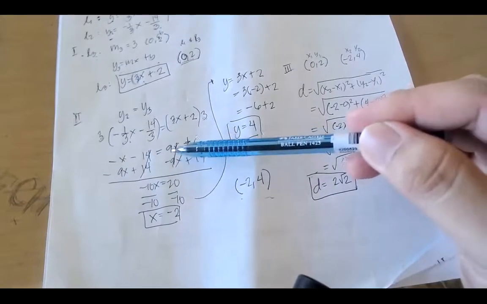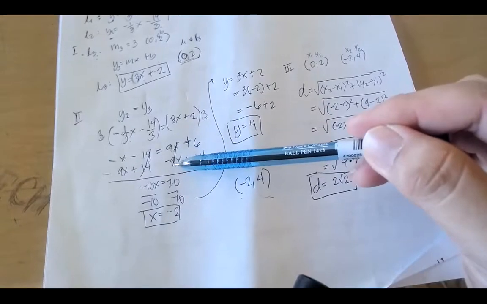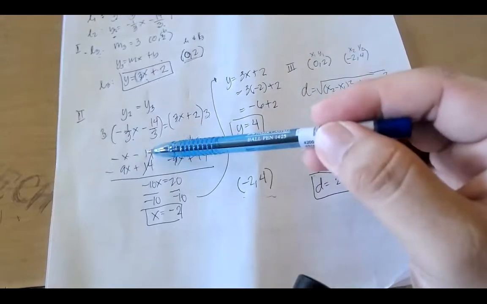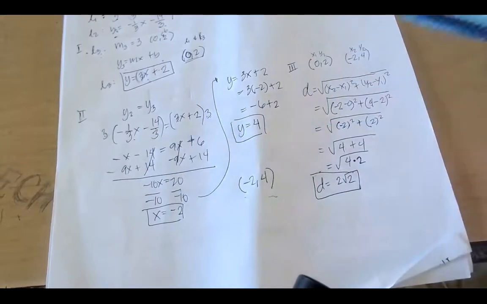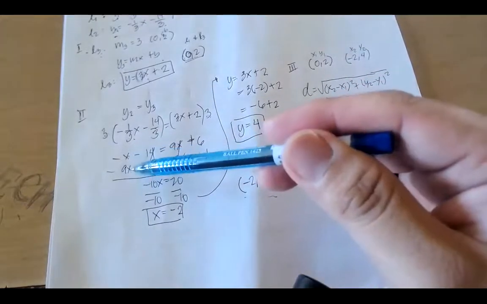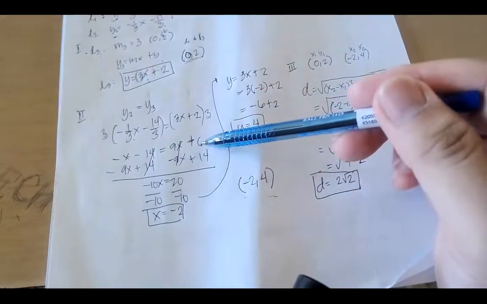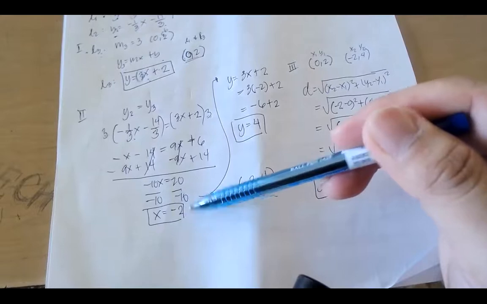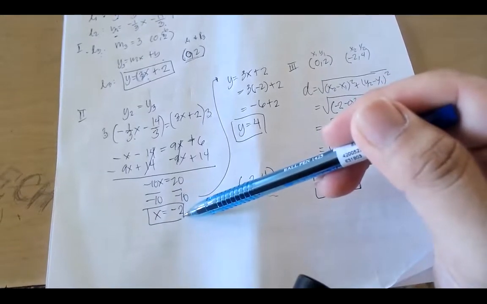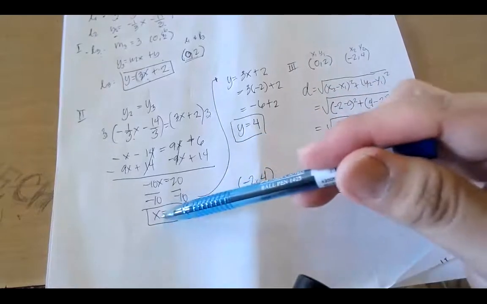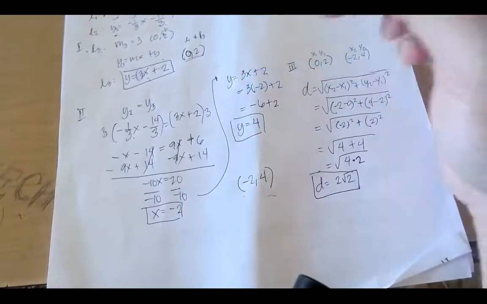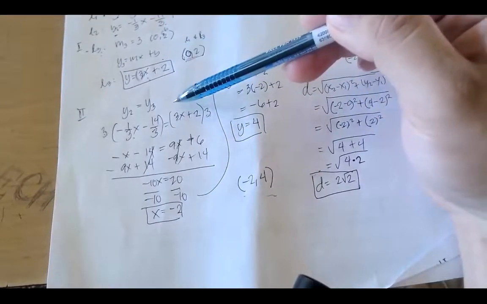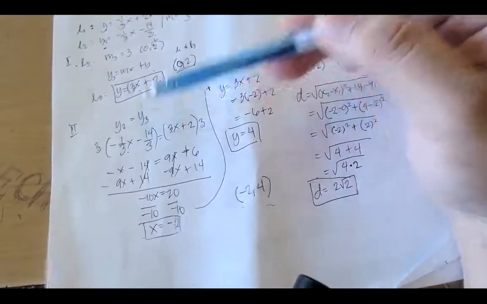We combine like terms, so we eliminate the 9x here by subtracting 9x on both sides. We eliminate the negative 14 by adding 14 on both sides. And that gives us negative x minus 9x is negative 10x. 6 plus 14 is 20. Divide both sides by negative 10, x is equal to negative 2. After having the value of x, you will solve for the value of y by replacing your x in either the second or the third equation. Only the second or the third, because we're dealing with line 2 and line 3 over here.